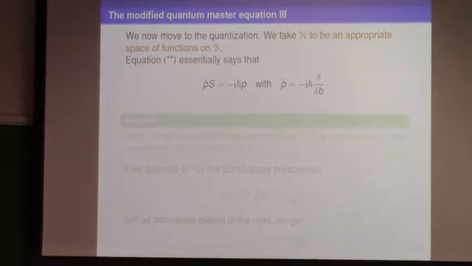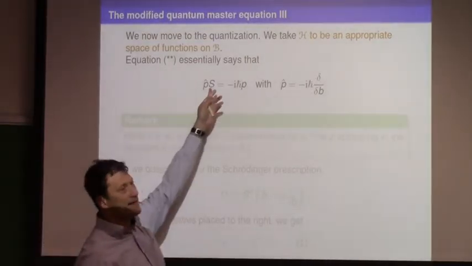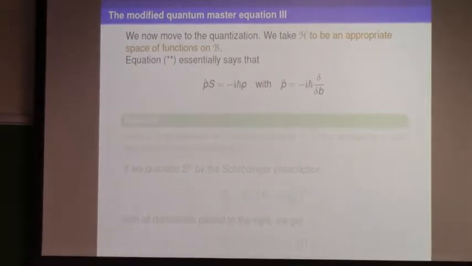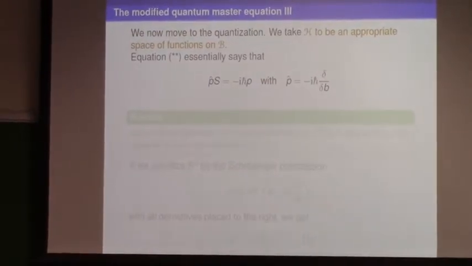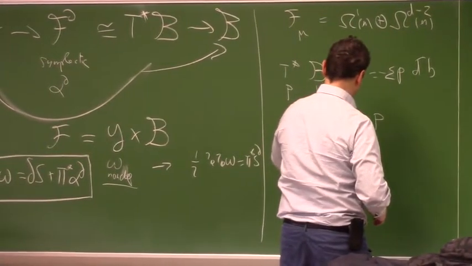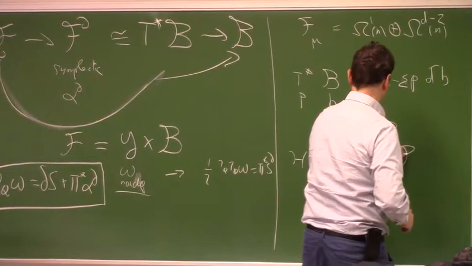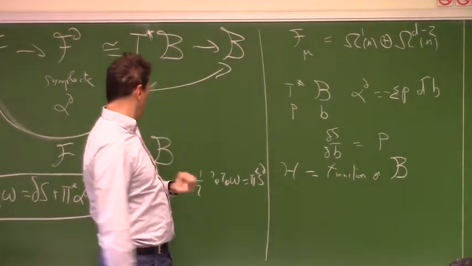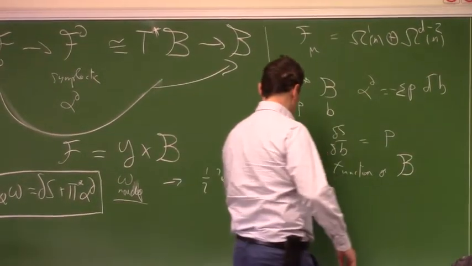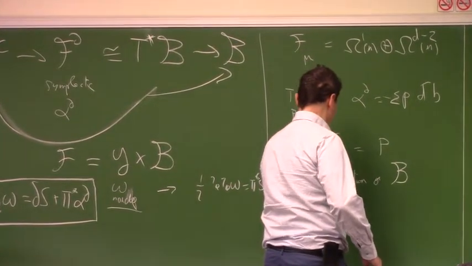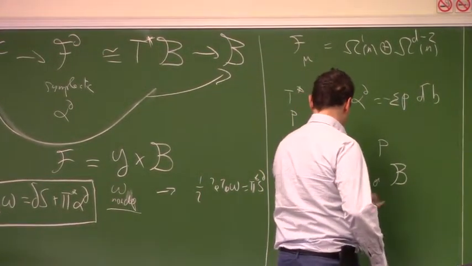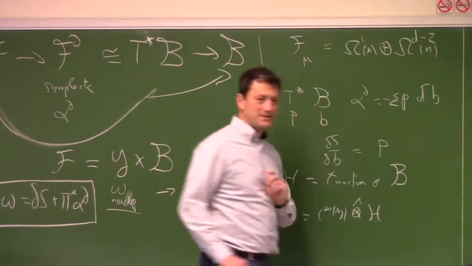So you should think of S as a function on F, which we now regard as a function on Y cross B, and then we want to quantize B. So our vector space will be functions on B. We can think of F as functions on Y, and complete the tensor product of the vector space.